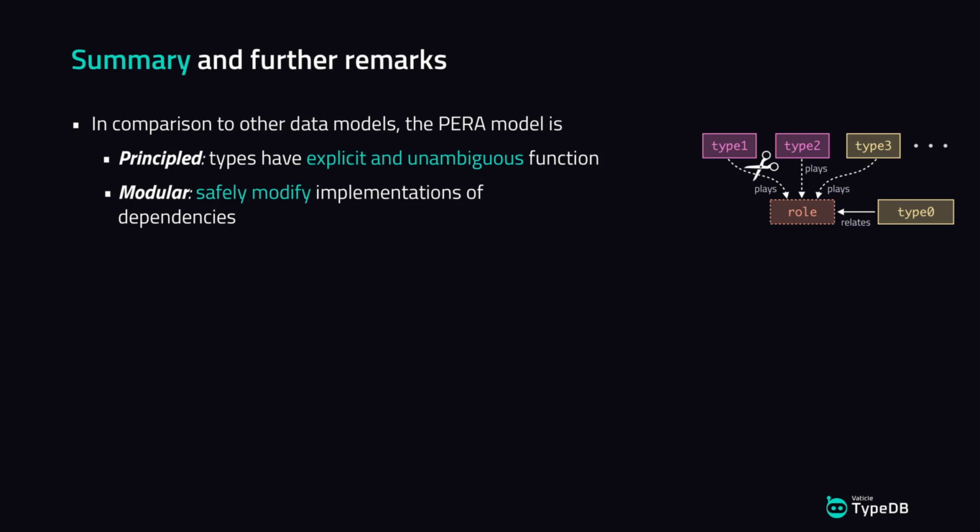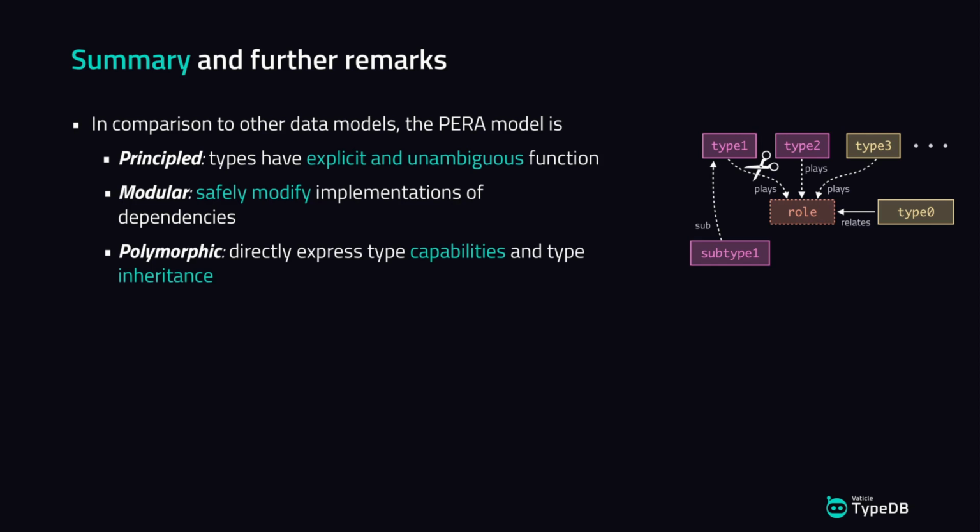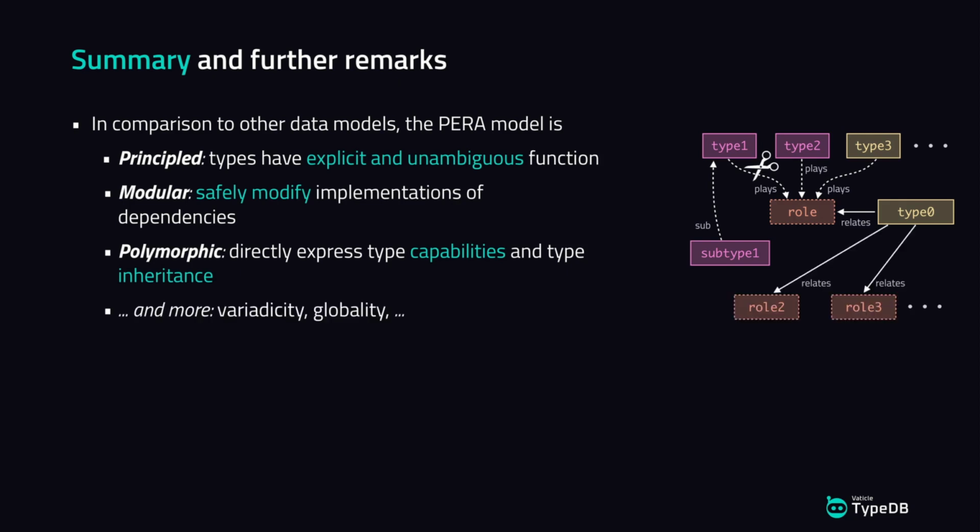We can have name owners that reference either cities or persons, and we can change these implementations independently of the dependencies of name owners. And we have polymorphism expressed both through type capabilities, i.e. interfaces, and type inheritance. There's more in terms of, for instance, variadicity and globality, which are all things that we talked about that just mean that there are fewer restrictions imposed on how we can organize our data.